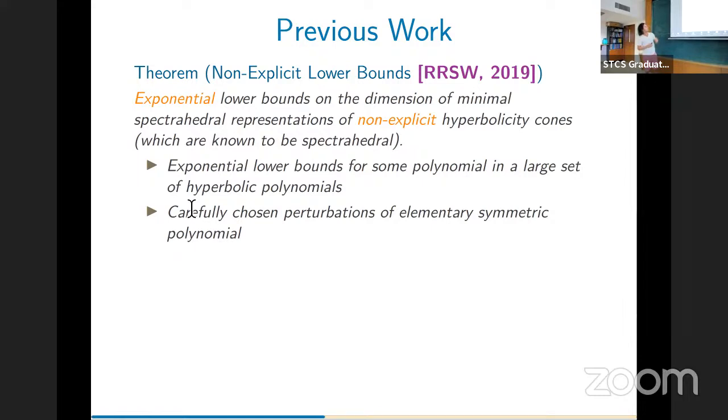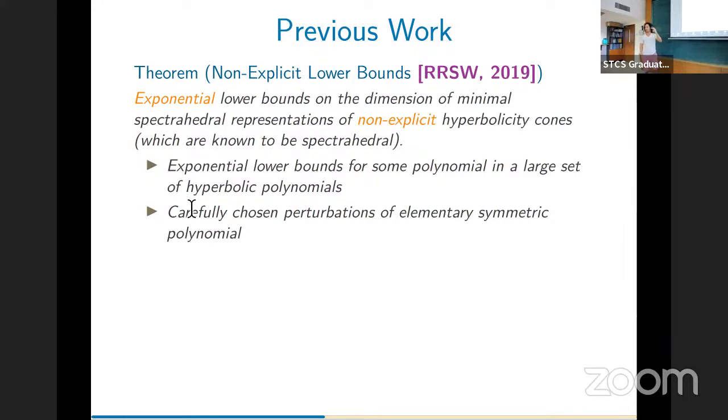Those are known to be spectrahedral because they come from elementary symmetric polynomials. You perturb the coefficients of elementary symmetric polynomials in a way that the cone is still spectrahedral, but you perturb by many small perturbations.